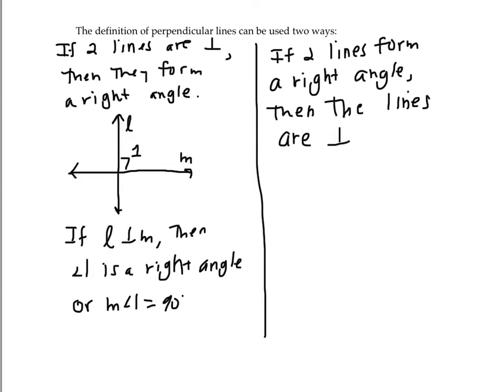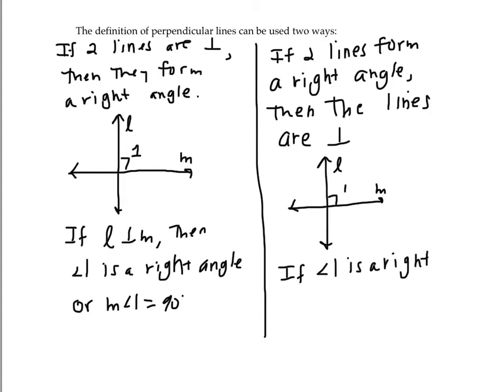In other words, if we have that same diagram, and this time around we're given that angle 1 is a right angle, we could also be told the measure of angle 1 equals 90 degrees, then our conclusion would be to say that line L is perpendicular to line M.